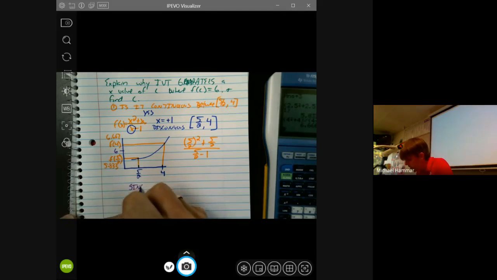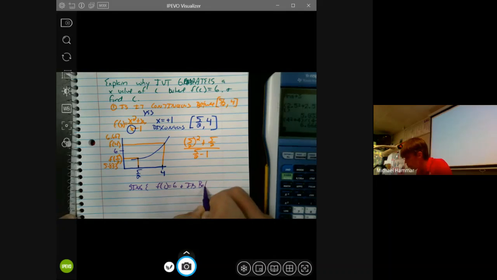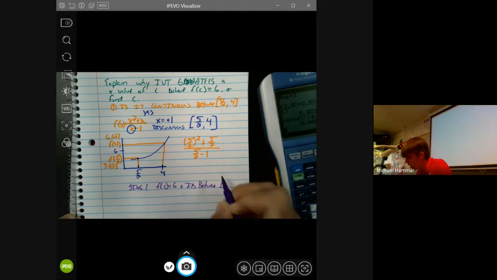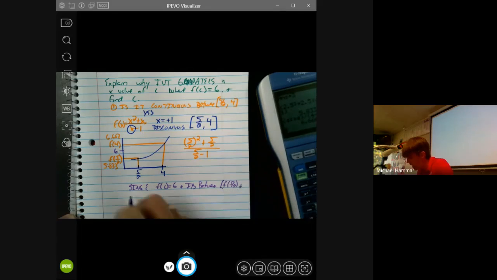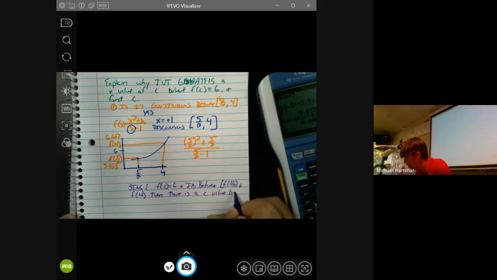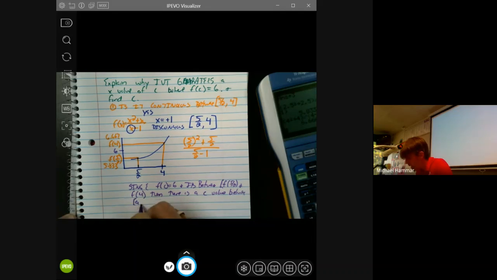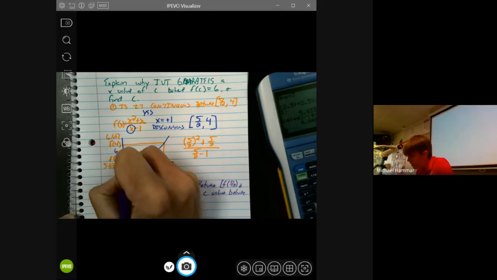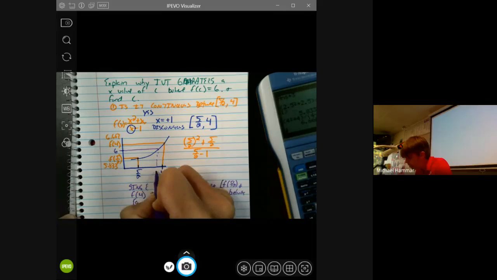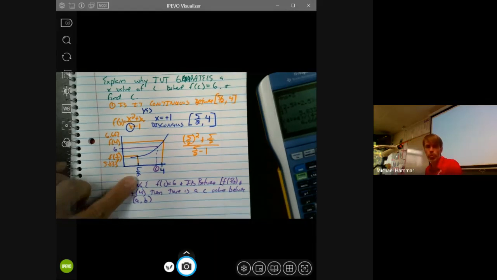The key is, since f of c equals 6, and it's between f of 5/2 and f of 4, then there is a c value between a and b. If you think about it, it's going to go like this, and there is going to be some value between those two numbers.